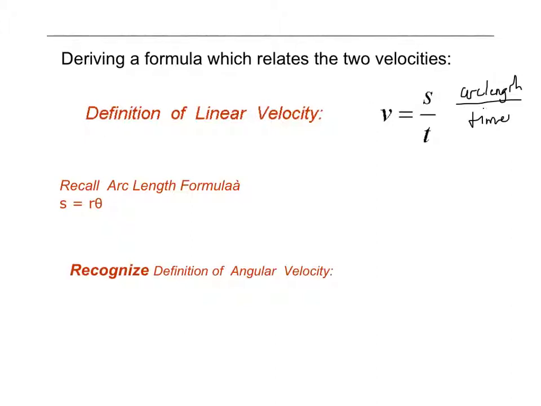Or in other words, this is how fast it's changing, so the distance per time. Now, if you'll recall the arc length formula, s equals r theta, then you can substitute r theta in for s. So I have v equals r theta over time.